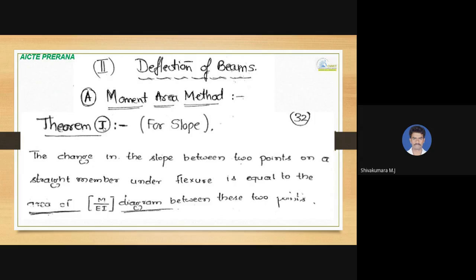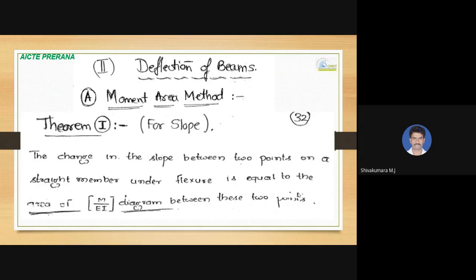So what does theorem 1 say? Theorem 1 says the change in the slope between 2 points on a straight member under flexure is equal to the area of the bending moment diagram divided by EI between those 2 points.